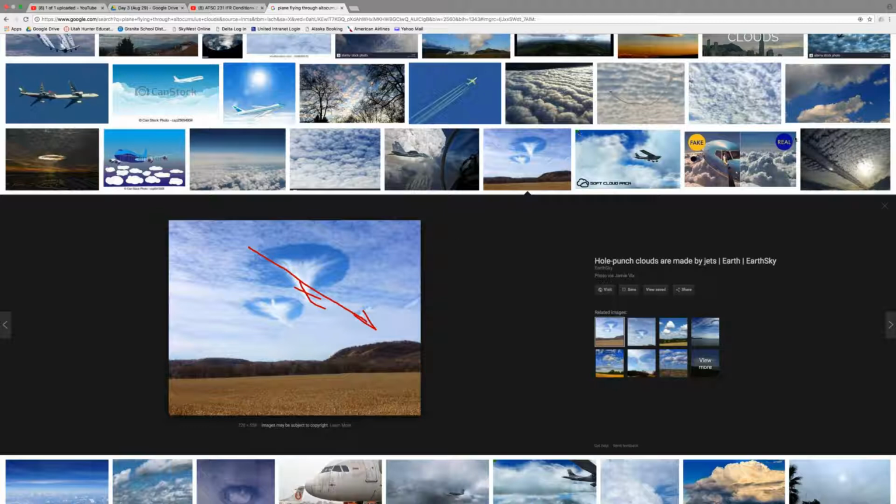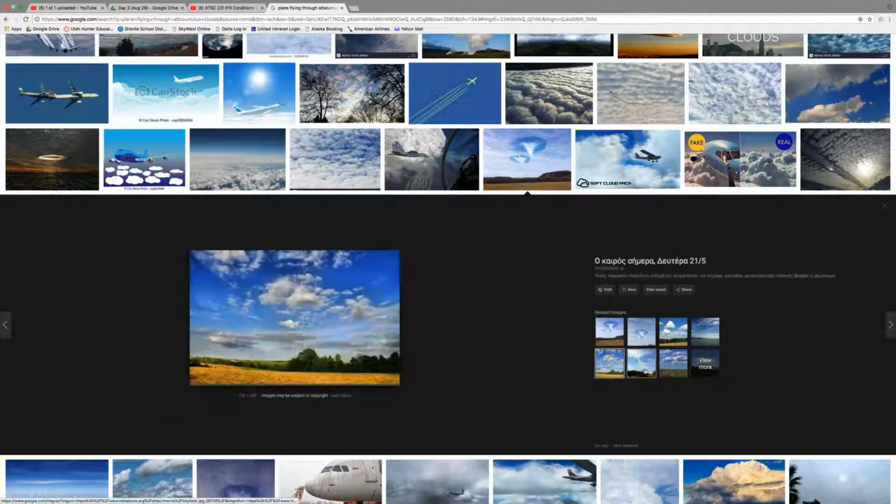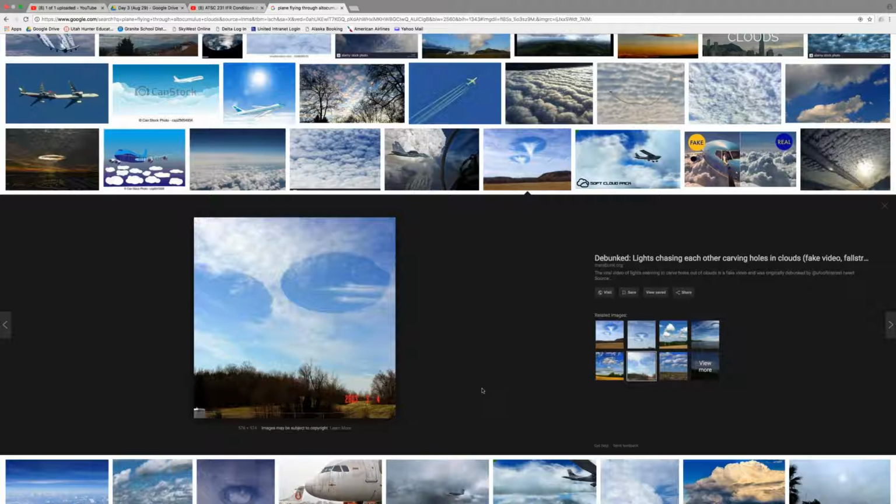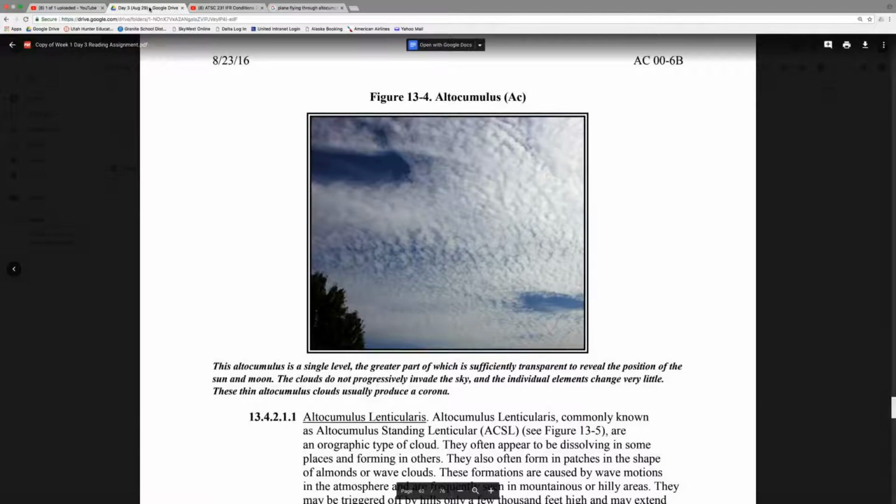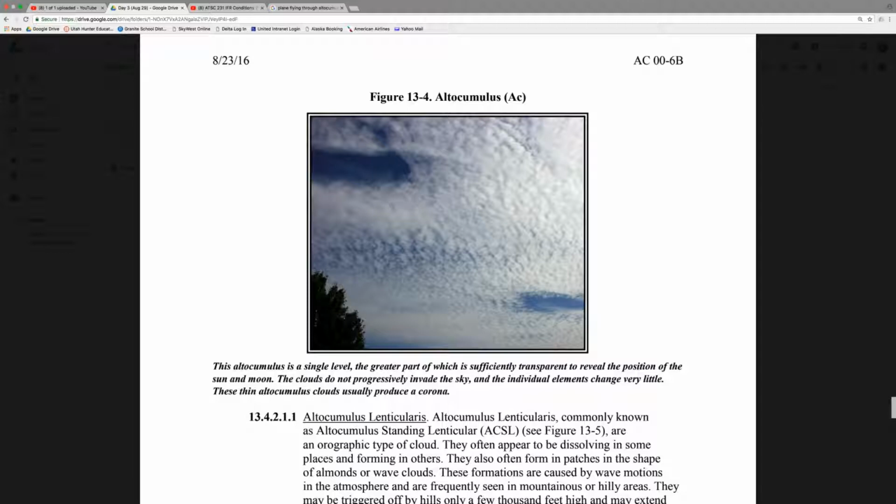That's what happens when airplanes fly through those clouds. And it's funny too because people are like, oh my gosh, it's a UFO, government's killing us, stuff like that when they see it.